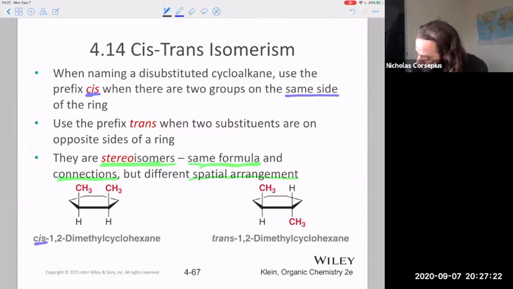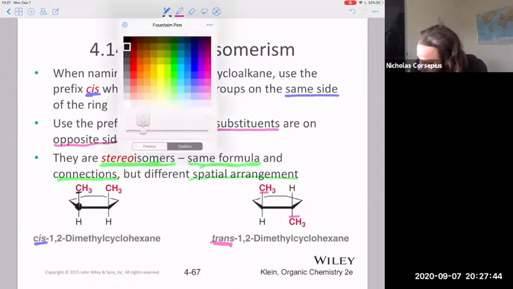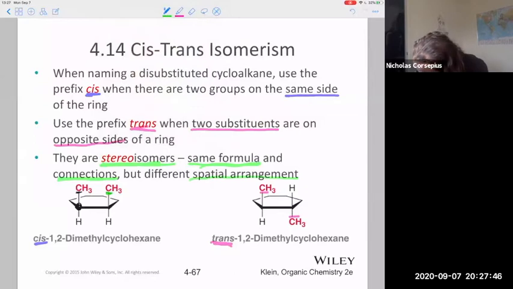And then the other alternative is that we have a trans isomer where the two substituents are on the opposite sides of the ring. So here's my trans, and notice that these two methyl groups, my two substituents, are now on opposite sides of the ring. Okay. So these are cis-trans isomers. In both cases, I have this methyl group connected to this carbon and this methyl group connected to this carbon.